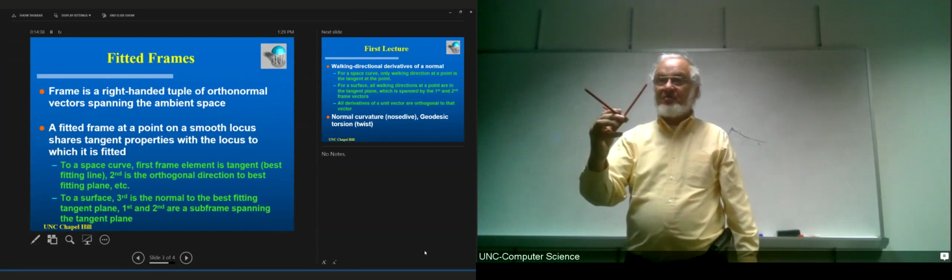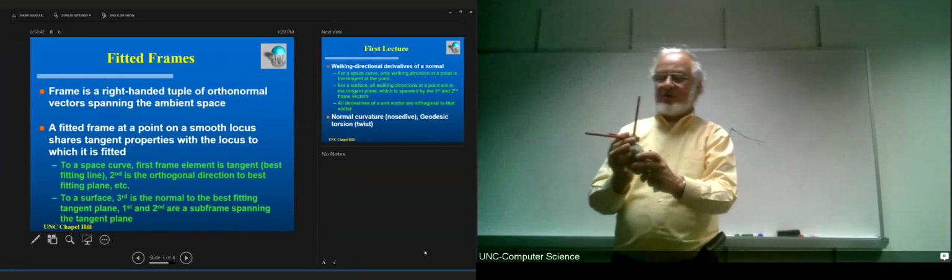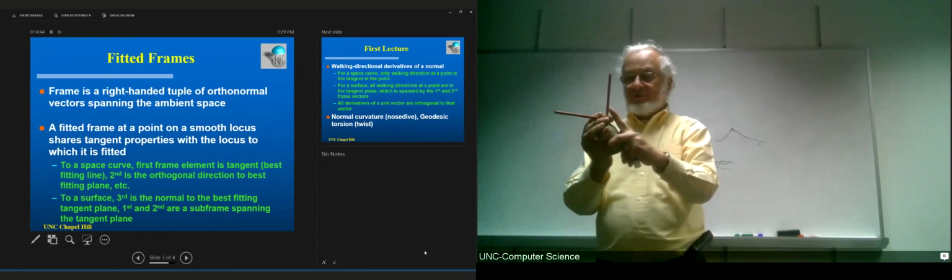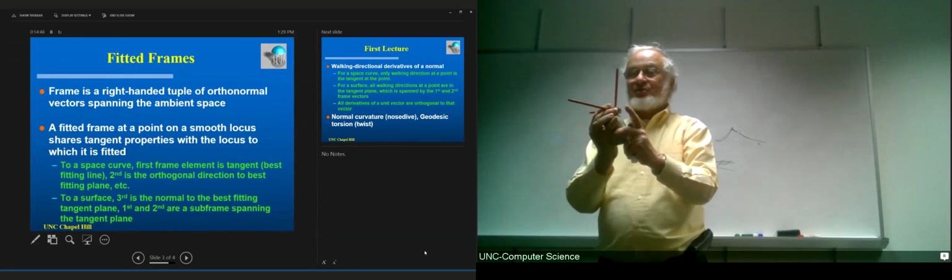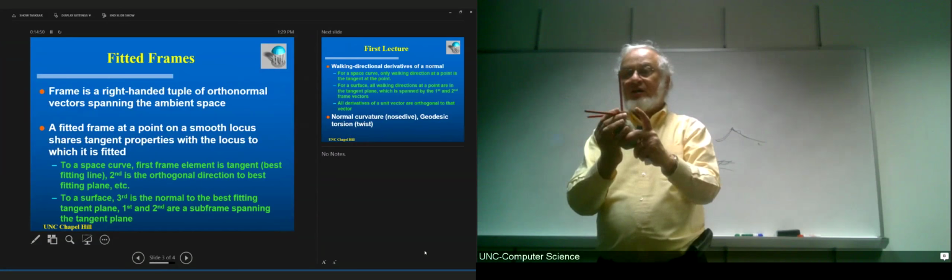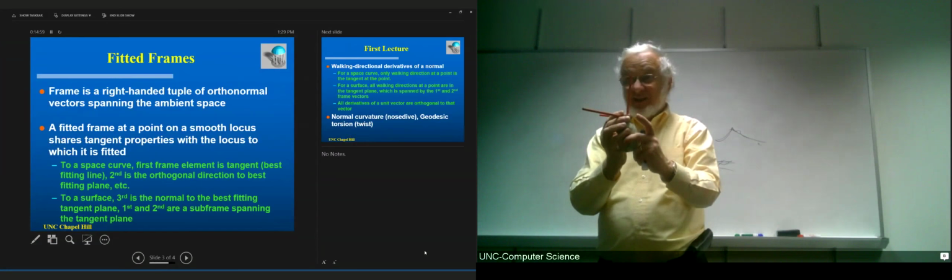That's a fitted frame. For a 2D surface, we can have a fitted frame where one of the elements, typically the third, is the normal, and the first and second are in the best fitting local flat mathematical surface plane.